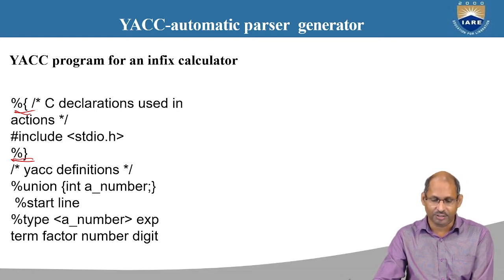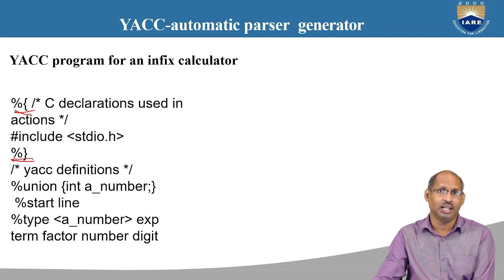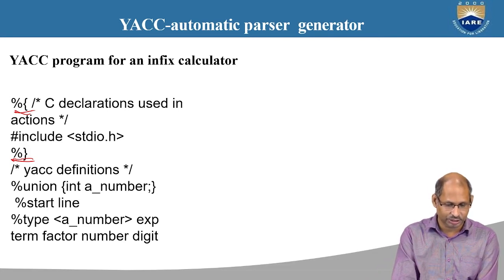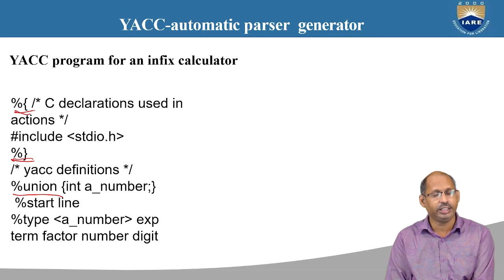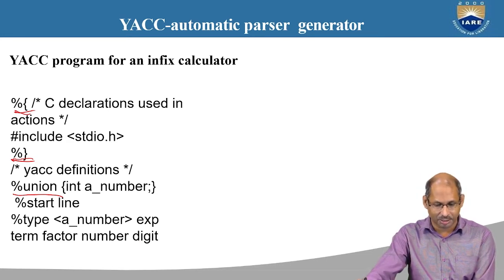So in the first part, the definitions part, we'll define the definitions: a union, int a number, start line, type, and term, factor, number, digit, expression. So we are defining these words: digit, number, factor, term, expression, a number, type. So in the first section, we are declaring all the definitions.